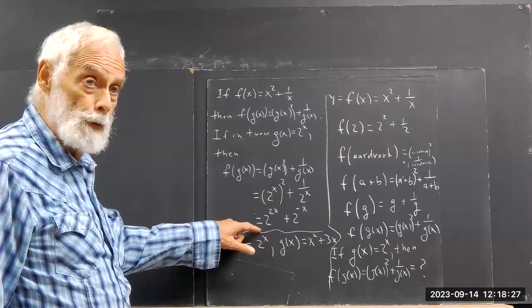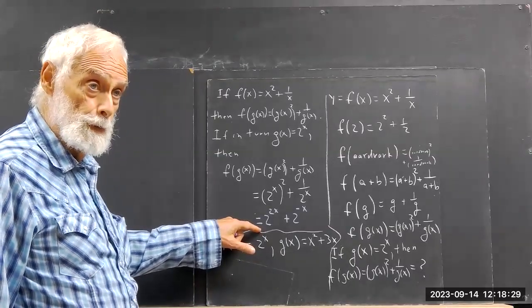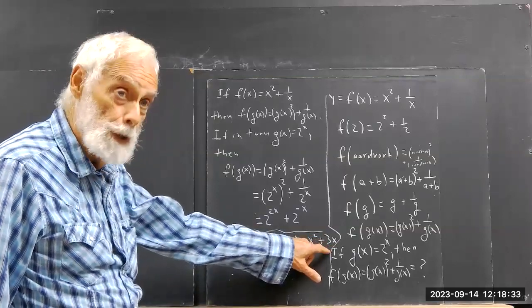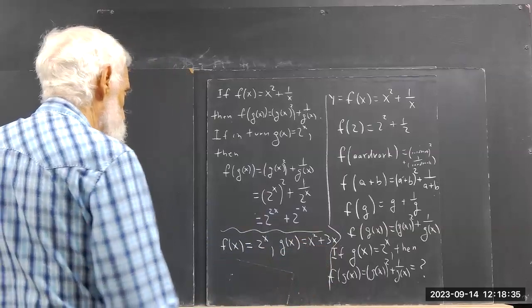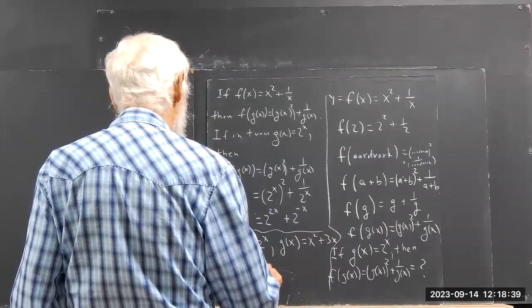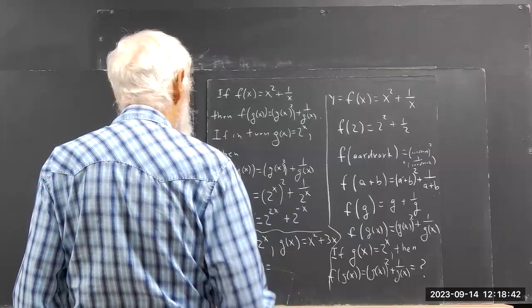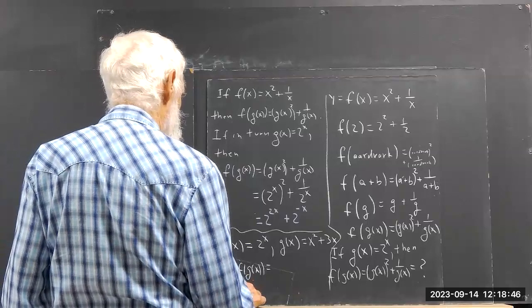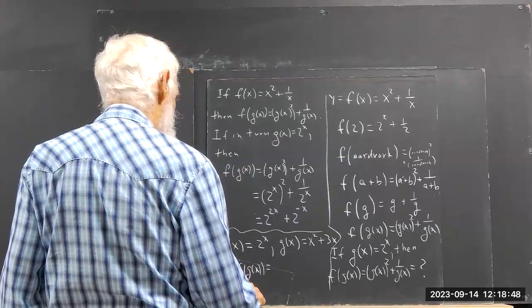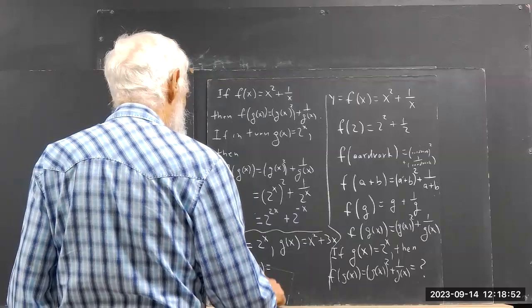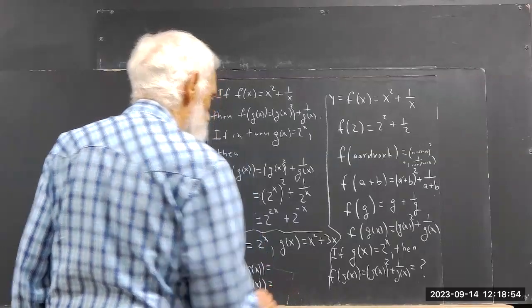F of x is 2 to the x, just your toolkit exponential function. G of x is x squared plus 3x. So f of g of x equals what? And then what's g of f of x?